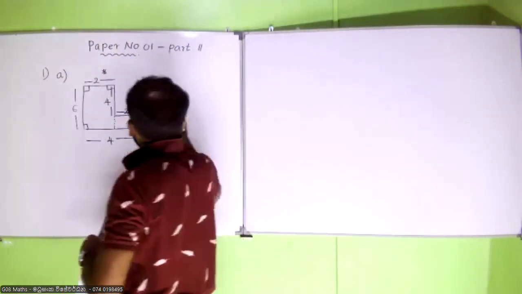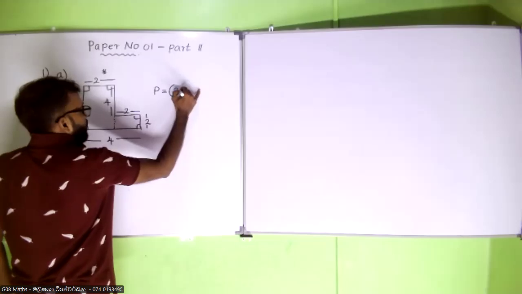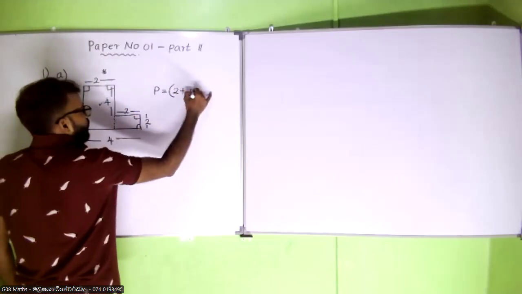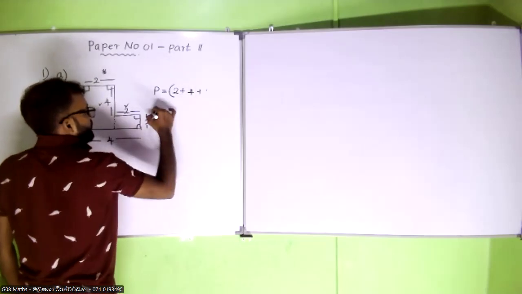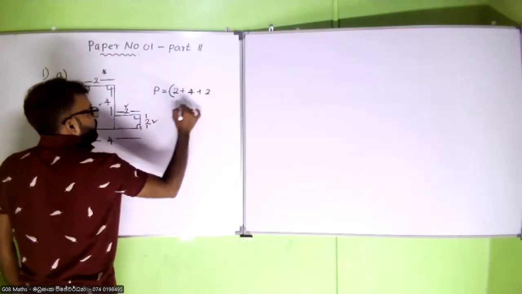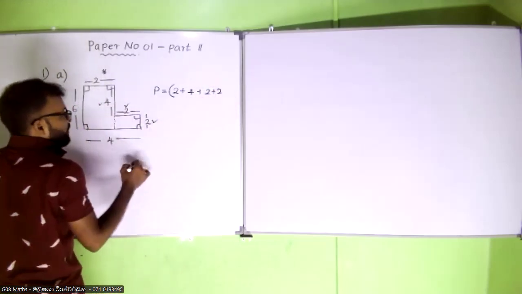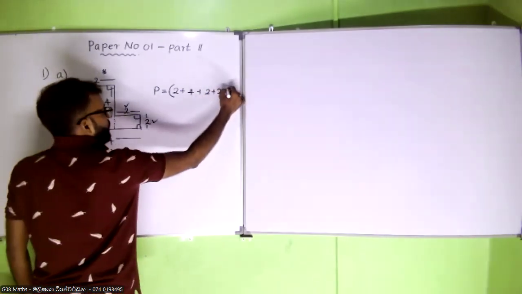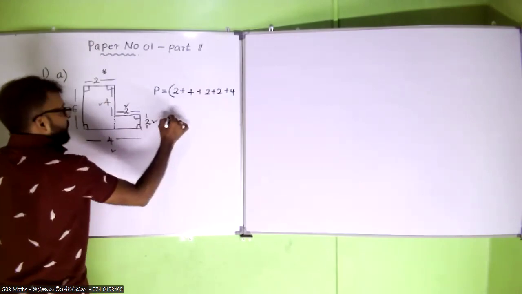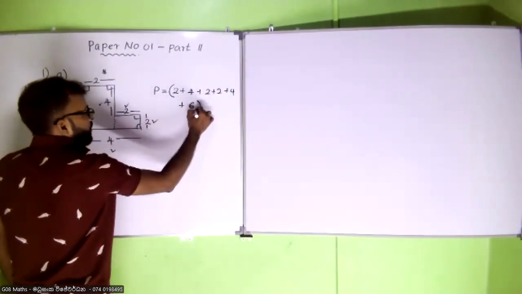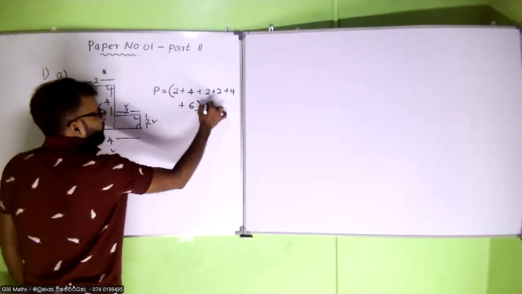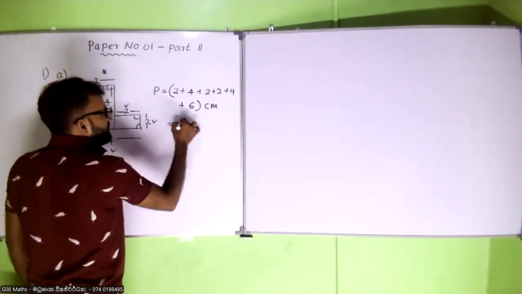So 2 plus 4 plus 2 plus 2, then plus 4, then plus 6. Now close the bracket, I will put centimeters at the end because this is a common term.